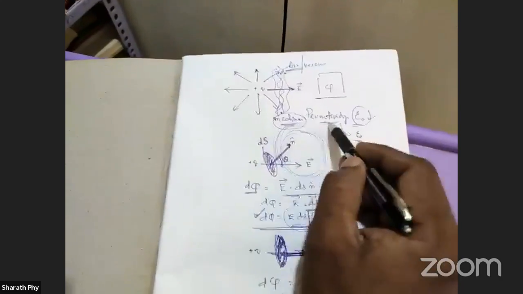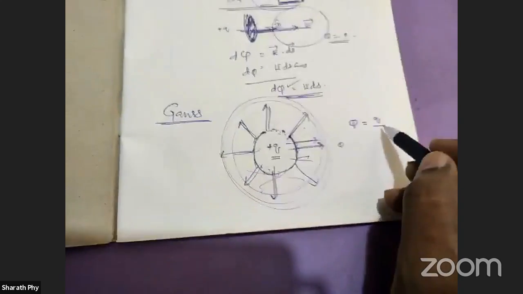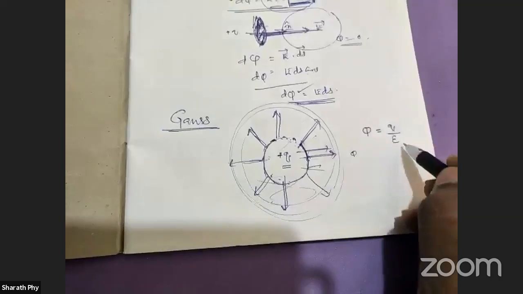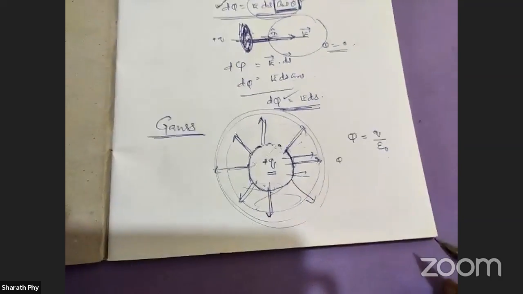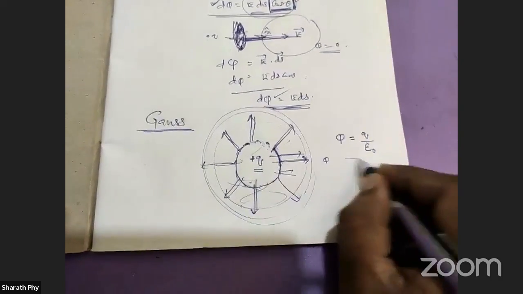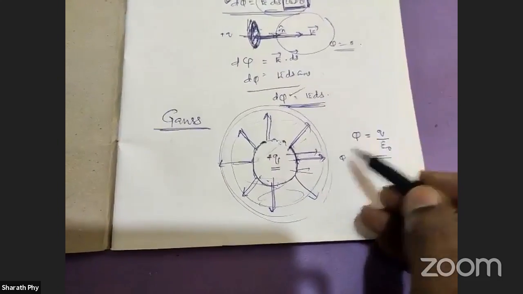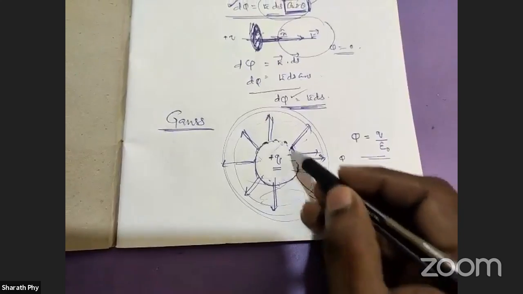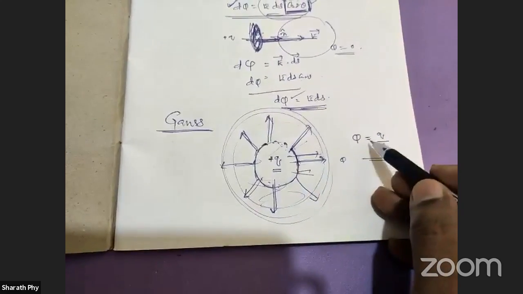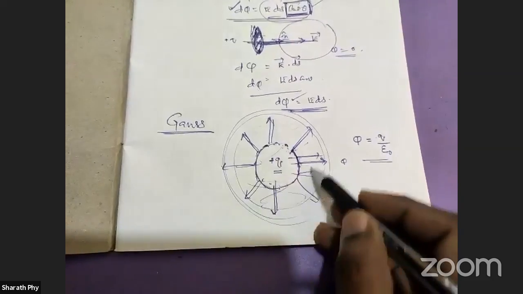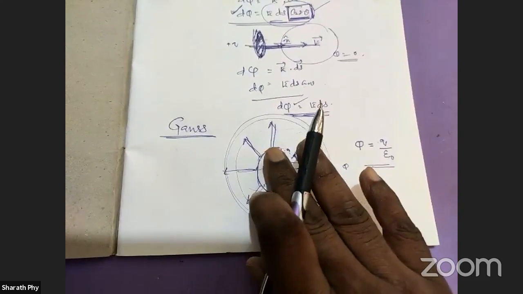That property of a medium is called permittivity. So it is divided by the permittivity, and here, since air and vacuum are there, the permittivity is the permittivity of free space. This is what Gauss says. Gauss statement: the flux linked with a closed surface is equal to 1 by epsilon naught times the charge enclosed in this closed surface.